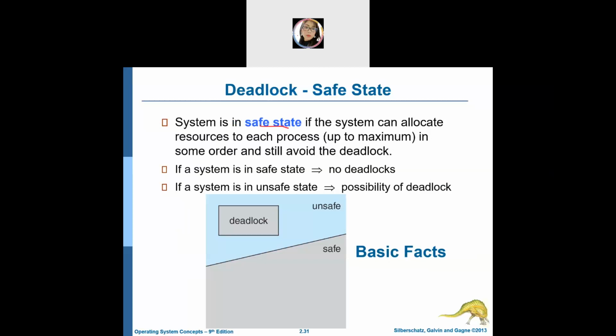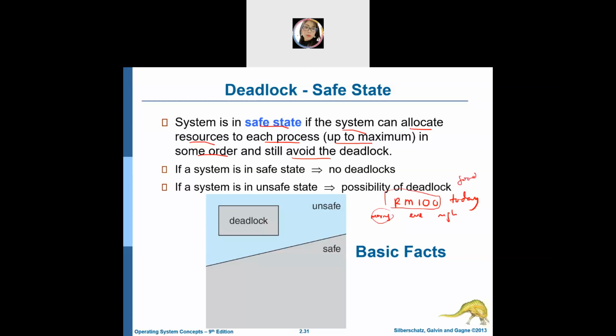The system is in a safe state if the system can allocate resources to each process up to the maximum in some order and still avoid deadlock. Okay, I give a very easy example. Let's say you have RM 100 today, and you have morning, evening, and night to spend this 100 ringgit on your food.